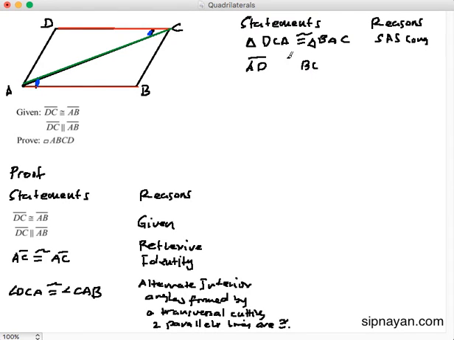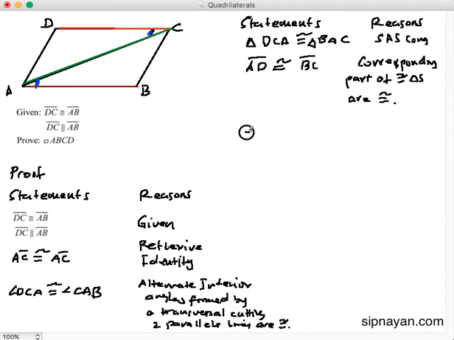Pag corresponding sides, anong characteristic nila ng congruent triangles? They are also congruent, no? Because corresponding parts of congruent triangles are congruent, no? So, yun yung reason yan.